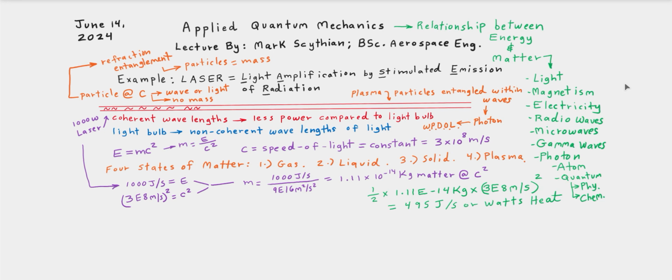So we could posit the energy mediums of light, magnetism, electricity, radio waves, microwaves, gamma waves, the photon, which is the wave-particle duality of light, electrons in both the wave and particle state simultaneously. So it's all about probability and spin, quantum probability of the electron to go from energy into matter.